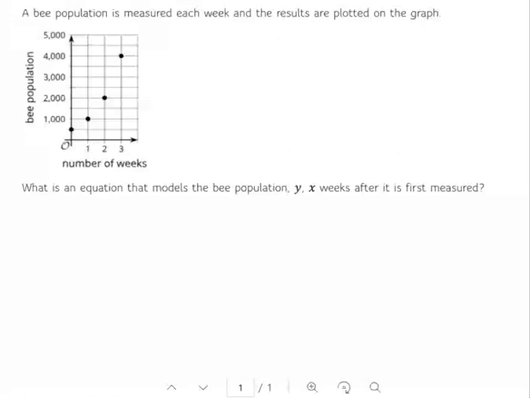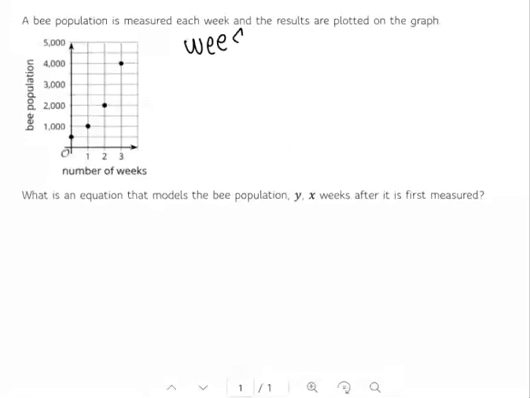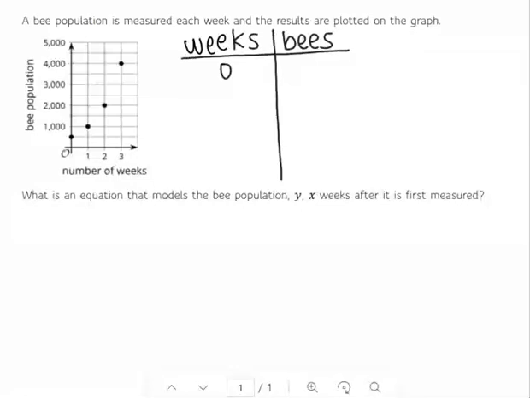So we are going to make a table comparing weeks and the bee population. In week 0, we can see that there are 500 bees.